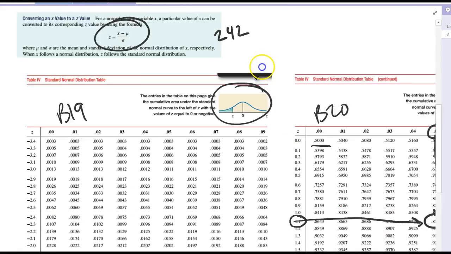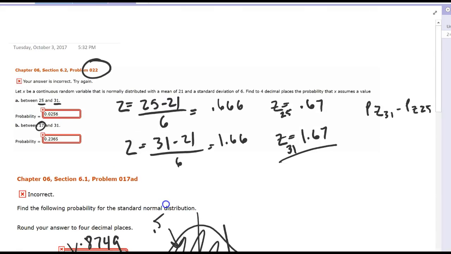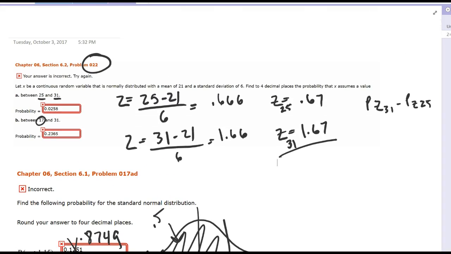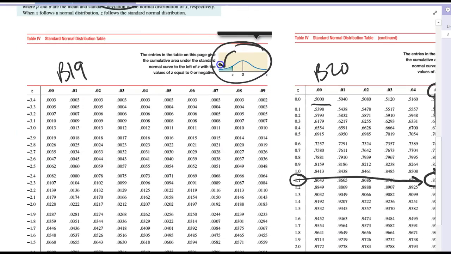So when you go to the negative z value, you have to be careful. When you look at the probability for that, it gives you the probability that it's less than that z value, but you want to know the probability that it's between 0 and z.